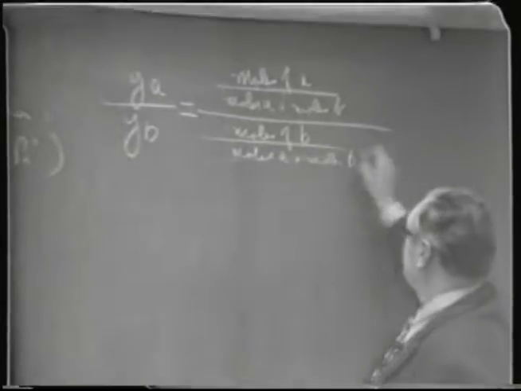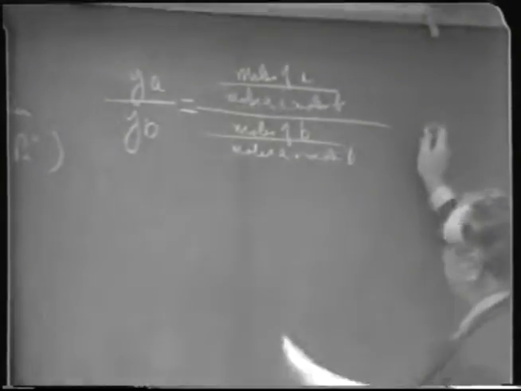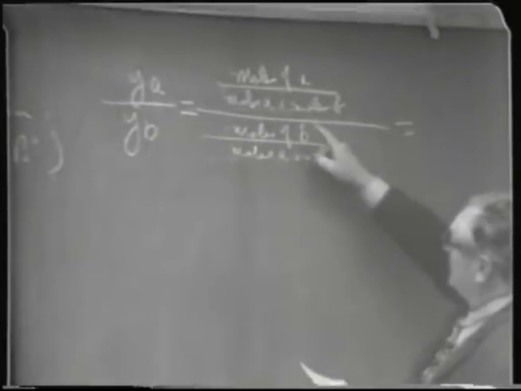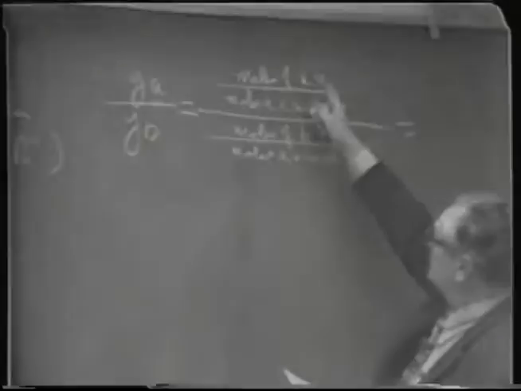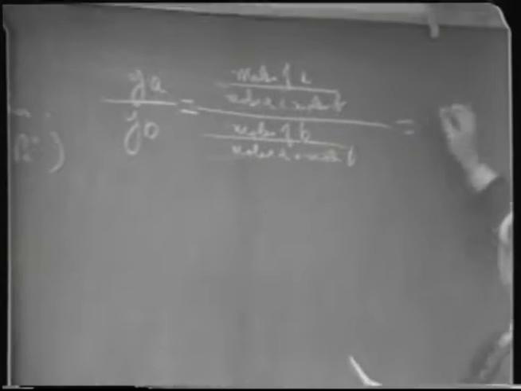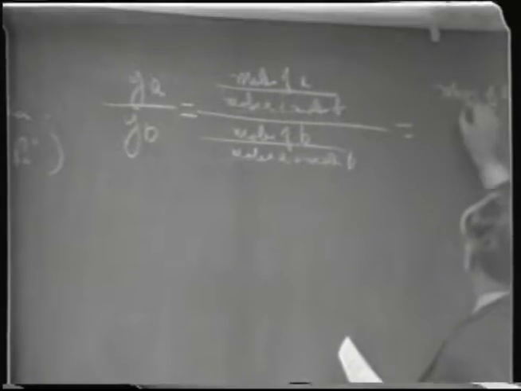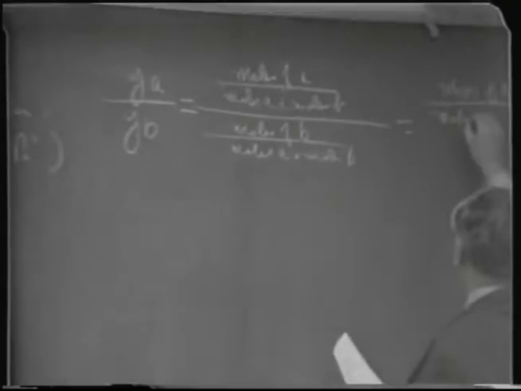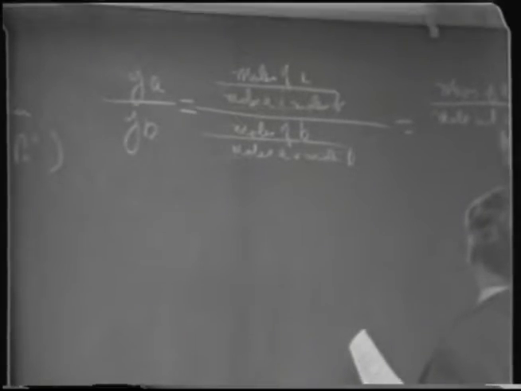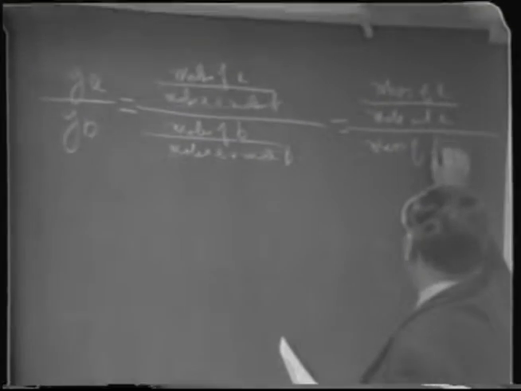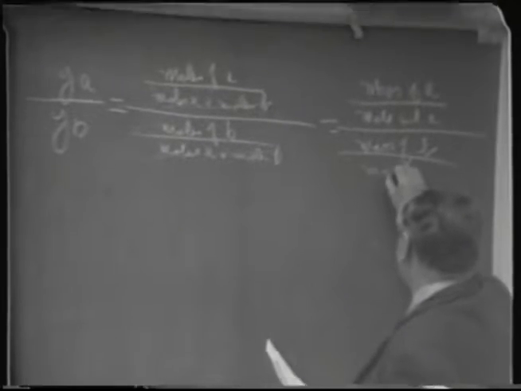And since those are common, they cancel out. And so we have Y sub A over Y sub B equal to moles of A divided by moles of B, which of course is equal to the mass of A divided by the molecular weight of A, divided by the mass of component B divided by its molecular weight.